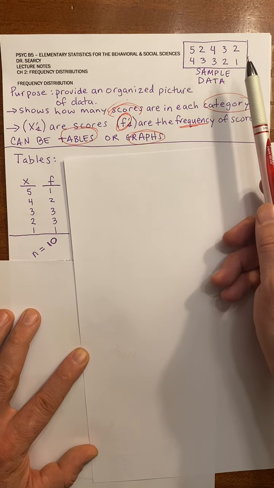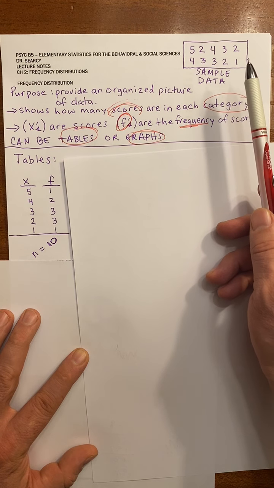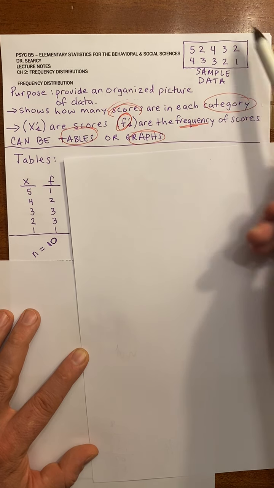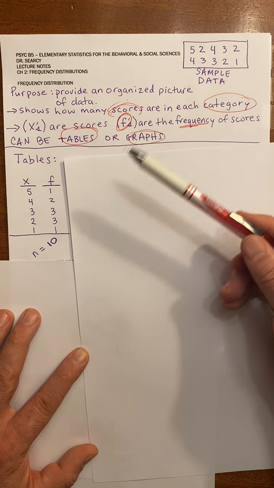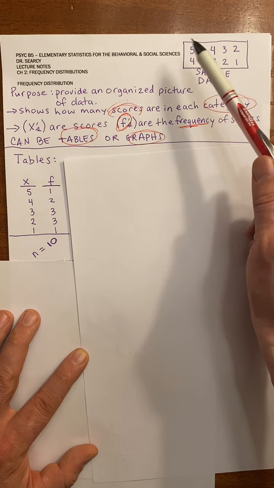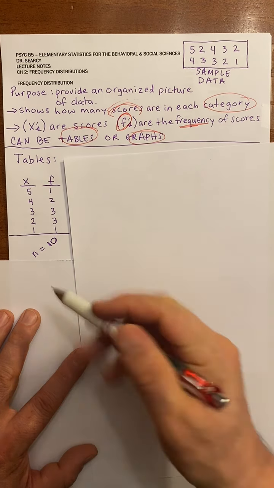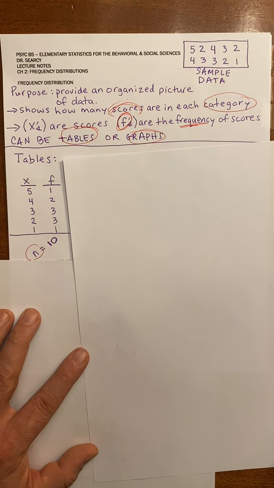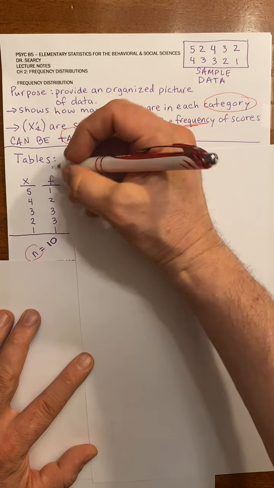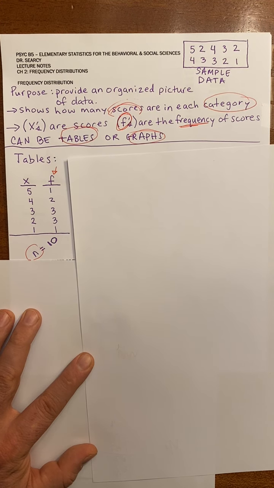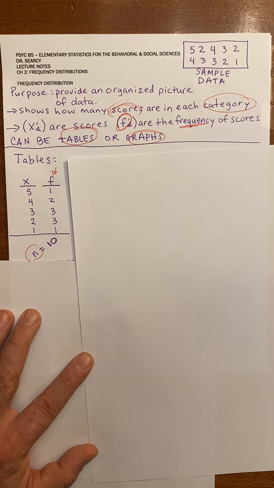Sometimes it's hard to count how many people you had in your sample by counting from here, though, right? Because you have like hundreds of people in your sample, and you don't want to spend a lot of time going 1, 2, 3, 4, counting that way. So an easier way to do it, if you want to figure out what your n is, you can simply add up all the scores in your F column, and that will give you your n, right?